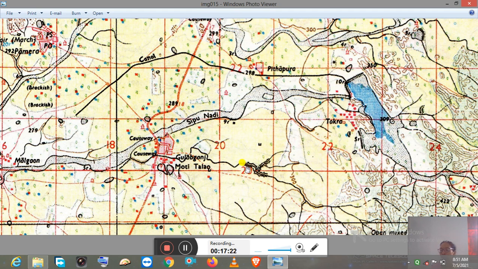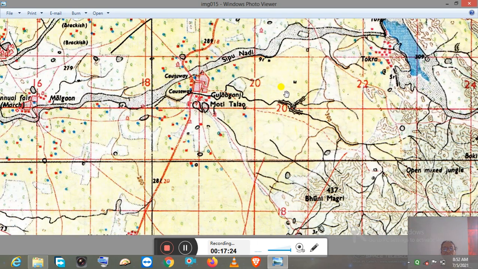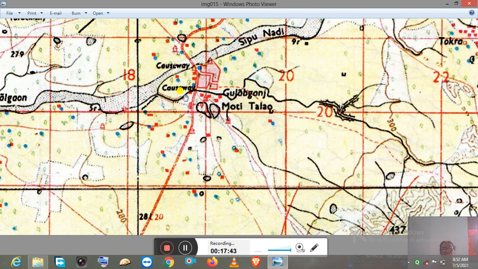Okay, here you can see all different modes of transport. These are double red lines showing the metal road, single red color line joining each and every village, that is the cart track. Here you can see a single broken red line, that is narrower than the cart track.